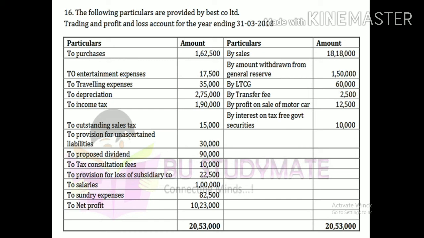Which are the statutory deletions? Nothing but what is already credited. Please observe the credit side. The first one, ignore. Second one, amount withdrawn from the general reserves, it should be deducted. If an amount is created, then it is added back on the debit side. If an amount is withdrawn from the reserves, it should be deducted. So now we deduct it.